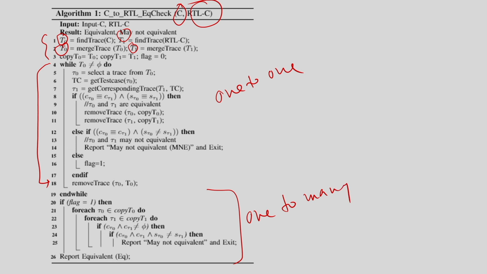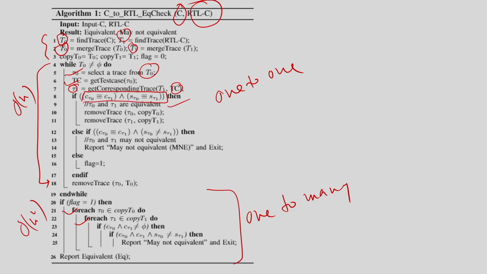Okay. In the one to one, what I am doing is I take a trace of one program, and for that I take a test case and then I run the other program with this test case to get a corresponding trace, the potential corresponding trace. So, this is an order of n algorithm and this is an order of n square algorithm. There are two for loops here, and only one while loop there. So, I identify a corresponding trace and this is the formula I am checking, right, to see whether they are equivalent or not.